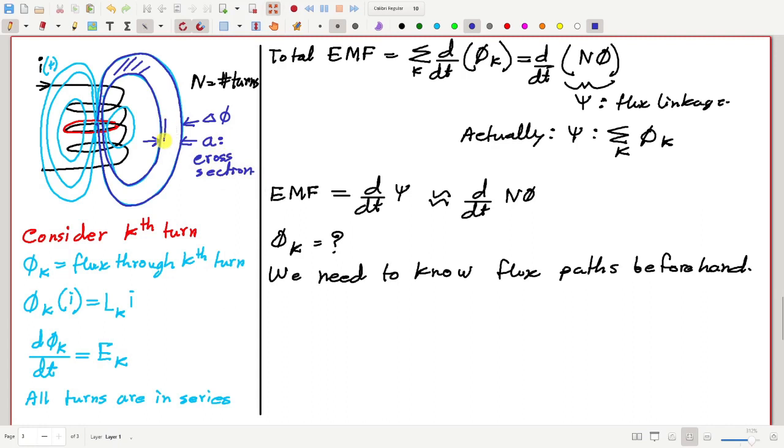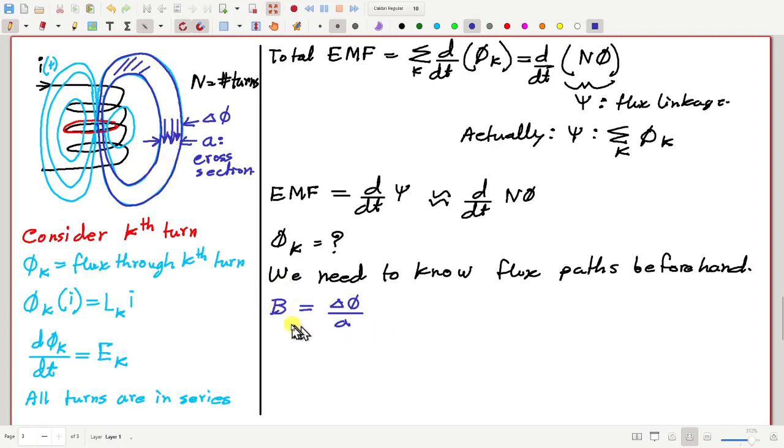Then we have flux lines like this here, and we can calculate the flux density in this small region. Let me call that B. That will be equal to delta phi by A, where A is the cross-sectional area of this flux tube.